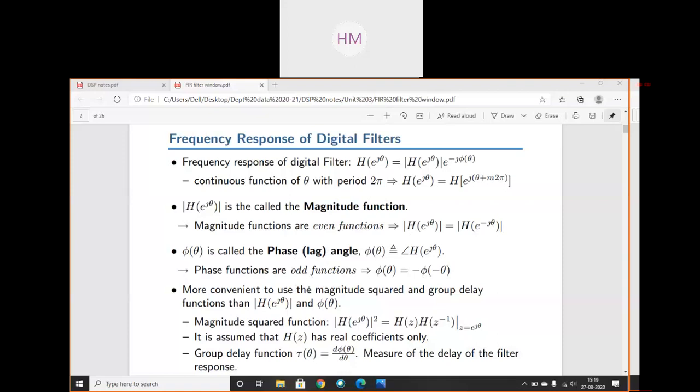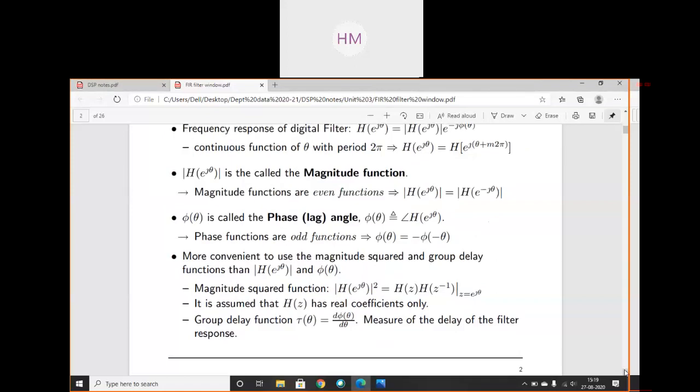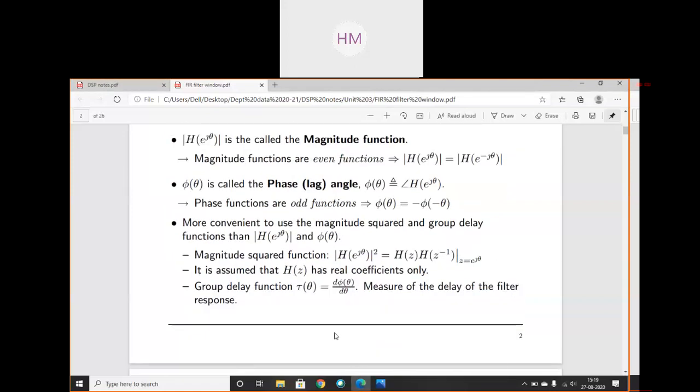Okay, so we use magnitude squared and group delay functions for H and phi theta. The magnitude squared function, H of e to the power j theta squared, is equal to H(z) into H(z inverse), where z is equal to e to the power j theta.